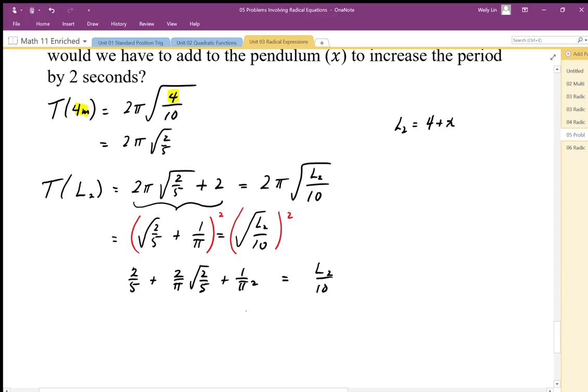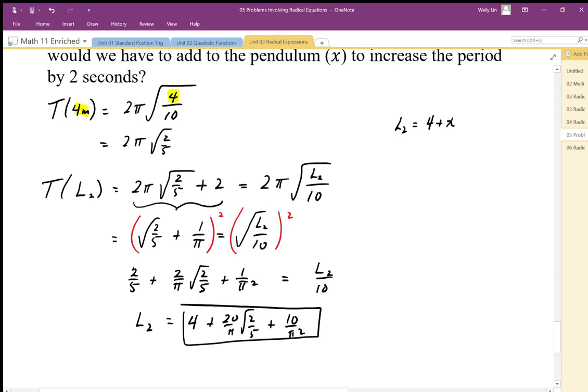Okay, I'm going to solve for L2. L2 is equal to, multiply everything by 10. So I end up with 20 over 5, just write that as 4, plus 20 over pi times root 2 over 5, plus 10 over pi squared. Okay, so there's my new length.